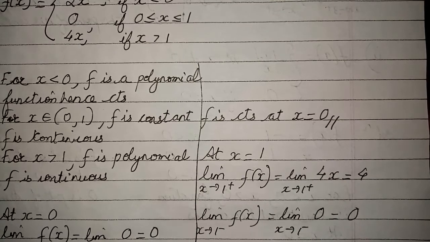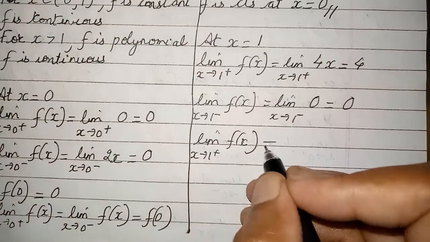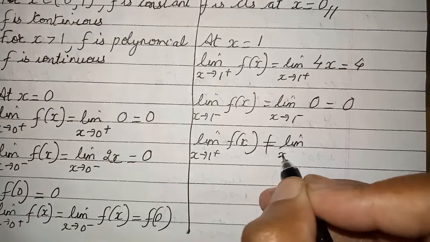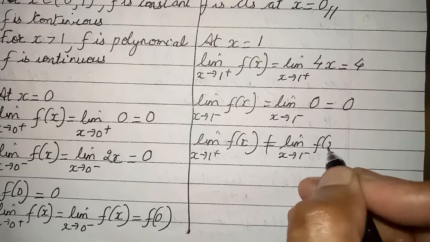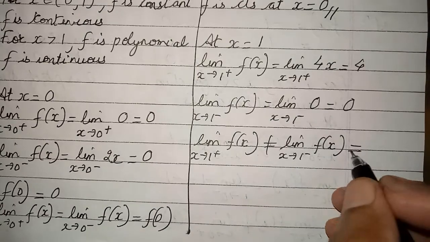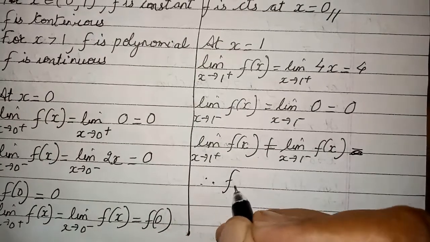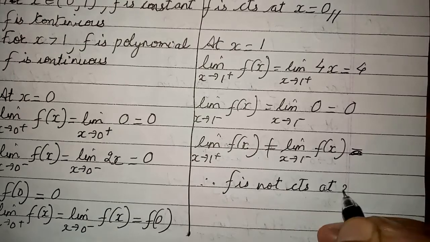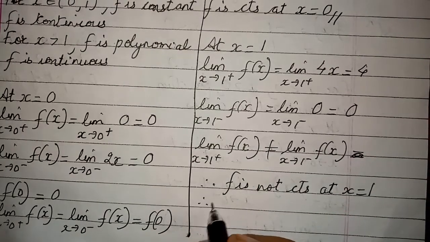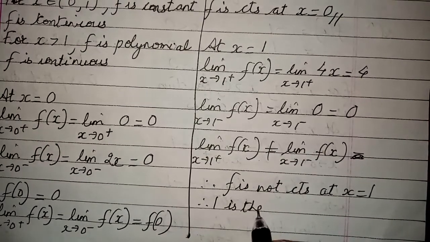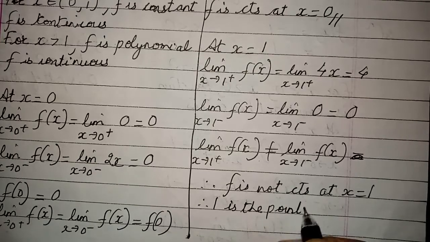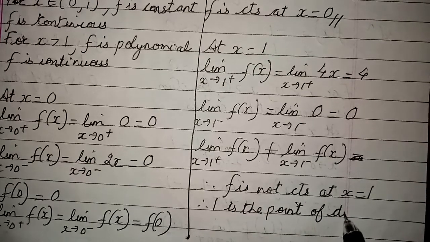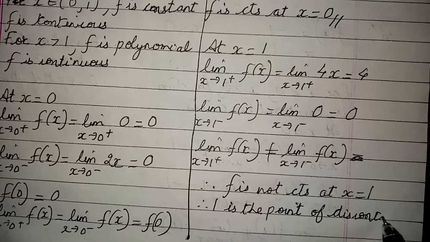So I can say limit as x tends to 1 plus f of x is not equal to limit as x tends to 1 minus f of x. Therefore, f is not continuous at x equal to 1. Therefore, 1 is the point where it is discontinuous, children. It is called the point of discontinuity.